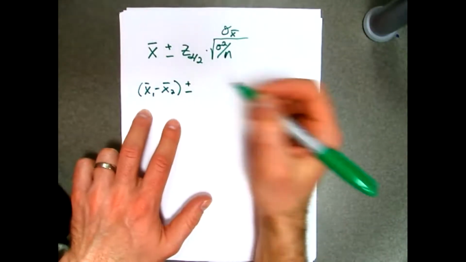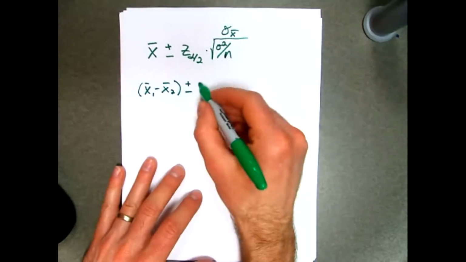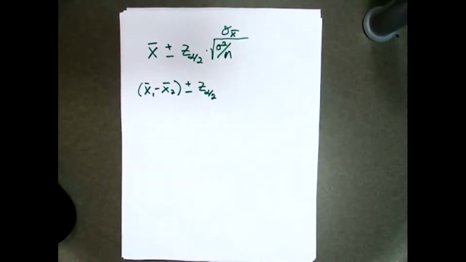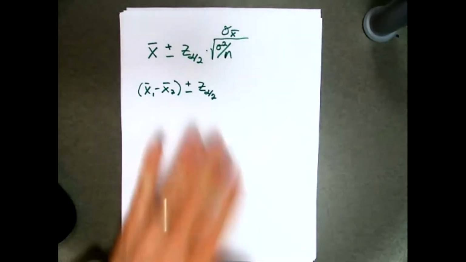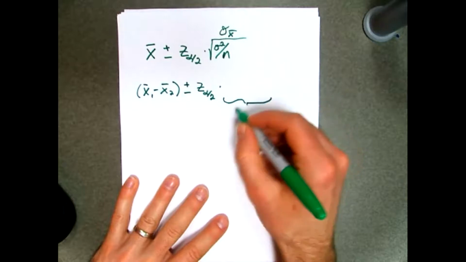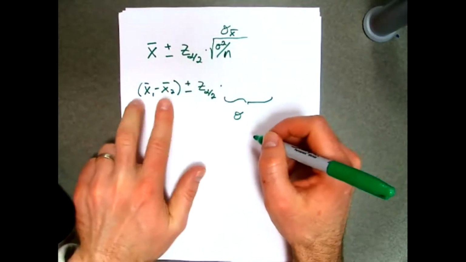If we had known population variances of the original data, just like with one population, we can keep using that standard normal distribution. Okay? So we'll find the number of standard deviations the way we need to go. But then now we need to multiply by the standard deviation of the statistic that we're interested in.